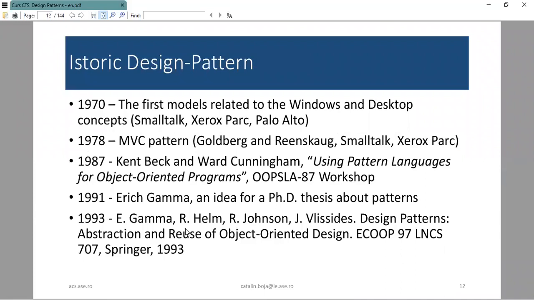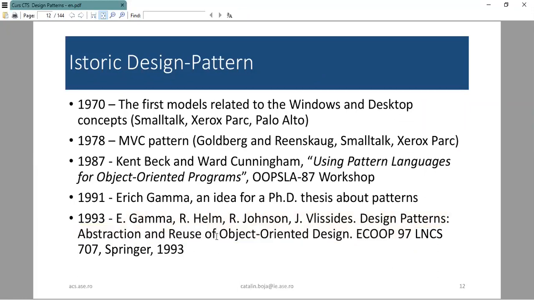Now here you have a very brief history of how the concept has evolved, and which were the first models. In terms of design patterns as the concept that we know now, this is a very important moment.